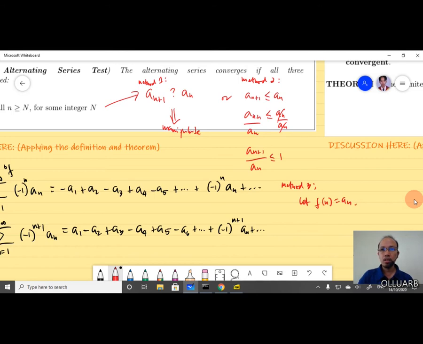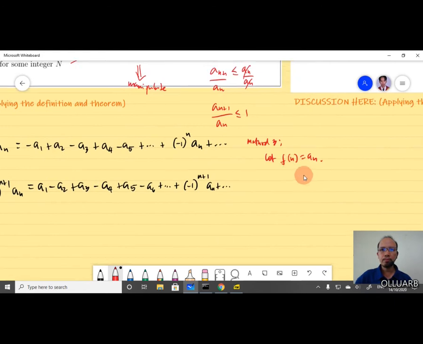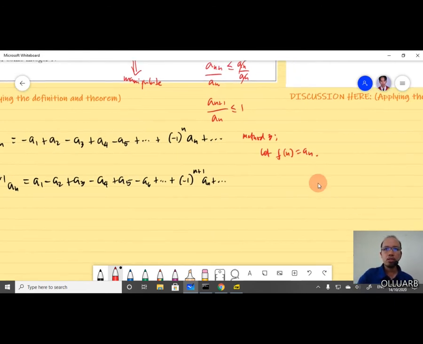Then you are going to show that the derivative of that sequence is less than 0 for all n greater than or equal to some number.